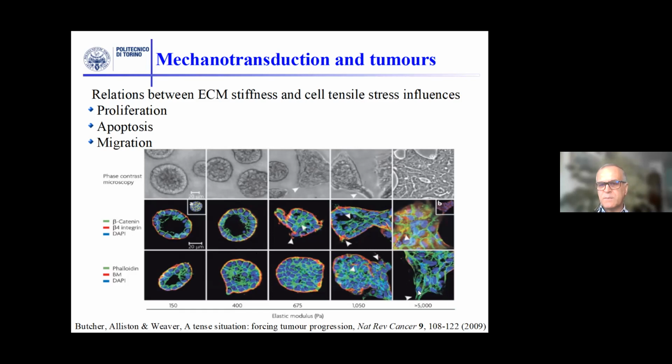And if the stiffening becomes very high, about 1000 pascals, the cells actually undergo a mesenchymal transition. So they start moving and invading the substratum, the tissue. So you see, the same kind of cell in different environments behaves very differently, from benign, physiological, to very pathological.